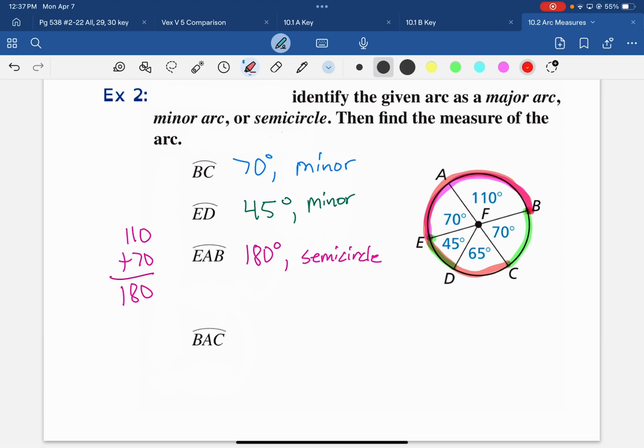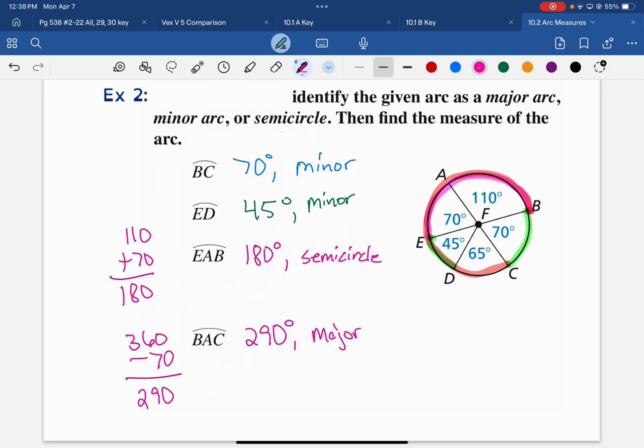First way, I can either just add those all up, right? What's the other way I could do it that's actually a little easier? Since I know all of those, the total is 360, I'm only missing one little piece, right? So I could just do 360 minus 70. And what's that give you? 290. Okay. And of course, that's a what? Major. Okay. If you wanted to, you could have added 110 plus 70 plus 45 plus 65. That would have worked too.